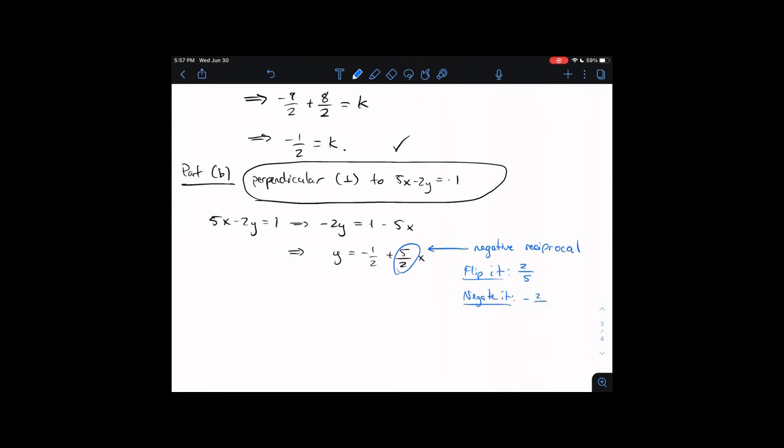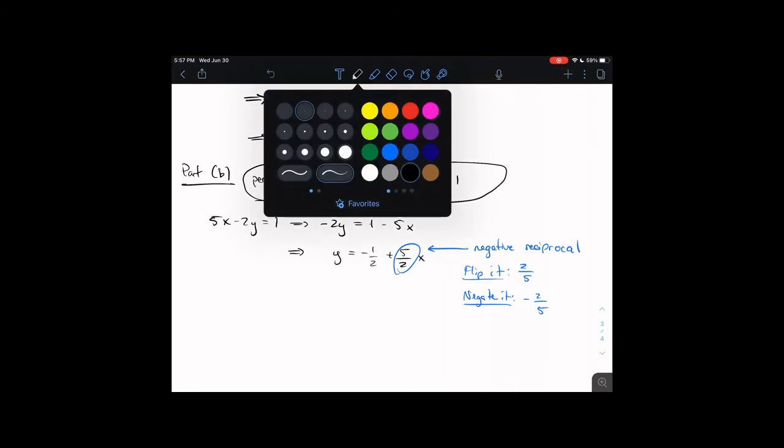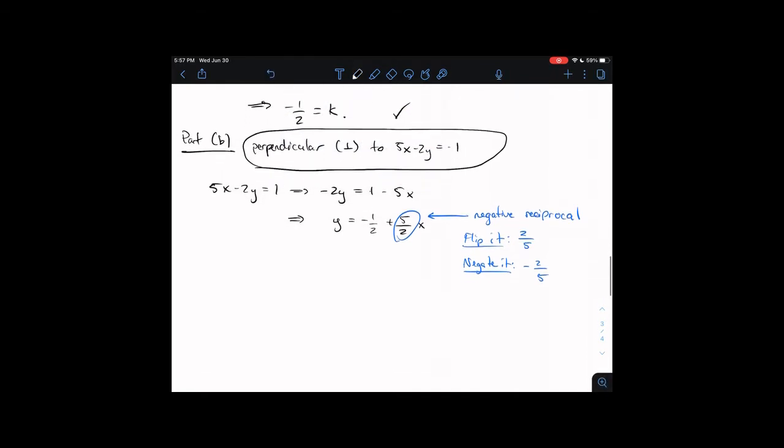It's negative 2/5. Okay. So at this point, I think you can probably guess what the next step is. We already know what our slope equation is. That's not going to change. We know it's 3 over k minus 4 because we're using the same 2 points, remember. And now we're just going to set this equal to negative 2/5.